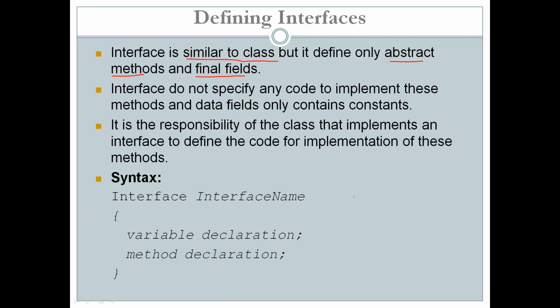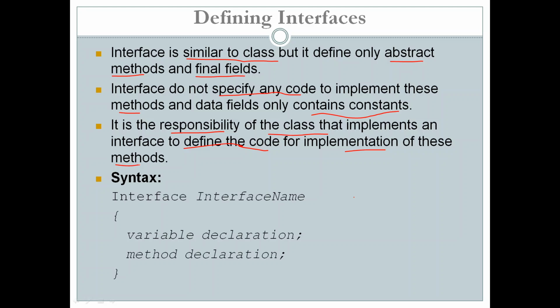Okay. So interface does not specify any code to implement these methods, and data fields only contain constants. It is the responsibility of the class that implements an interface to define the code for implementation of these methods.